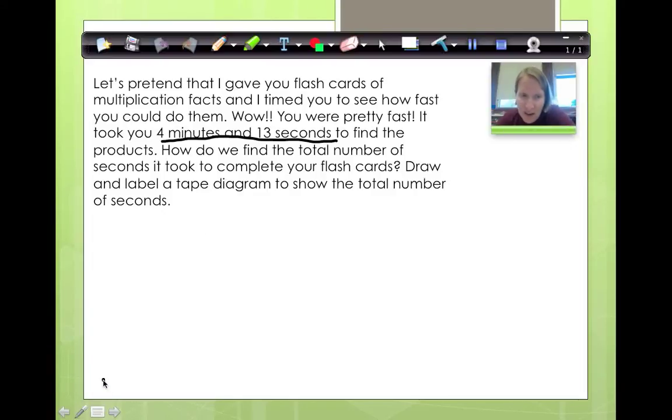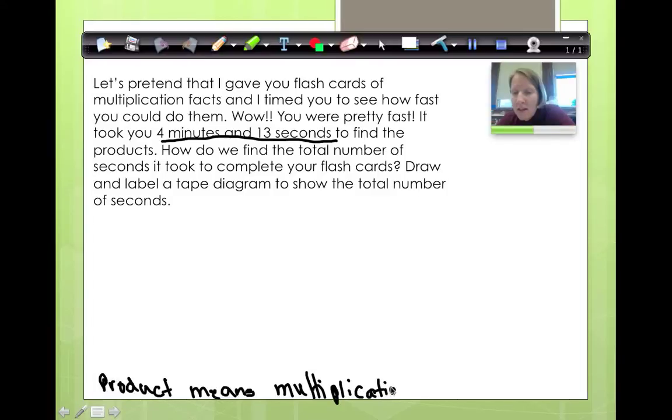So I want you to write down here: Product means multiplication, spell it right, multiplication, or as Pippi Longstocking calls it, plutterification. Product means multiplication sentence answer. That's all it means.